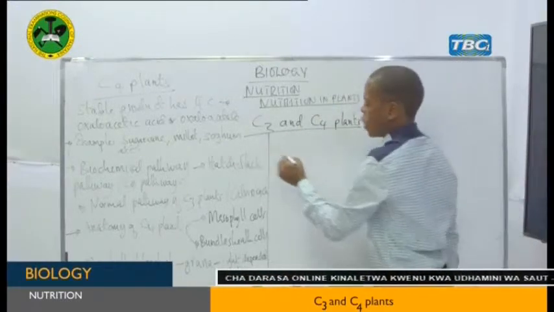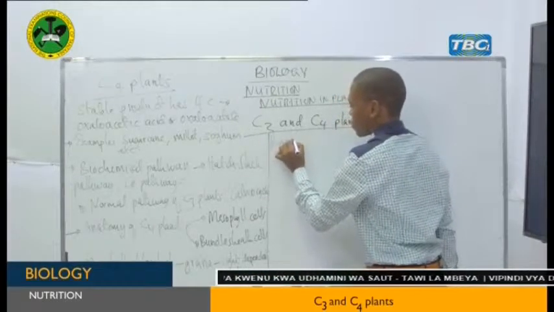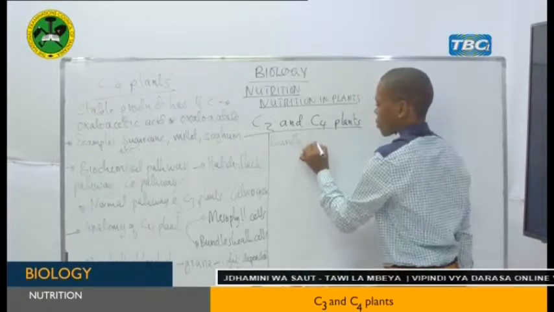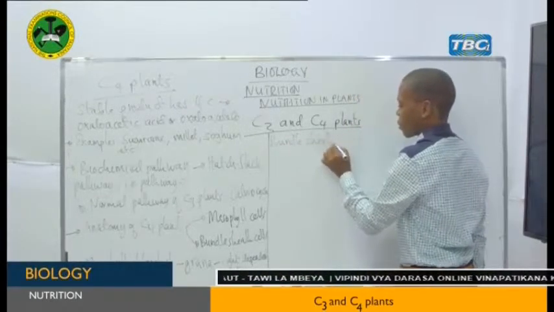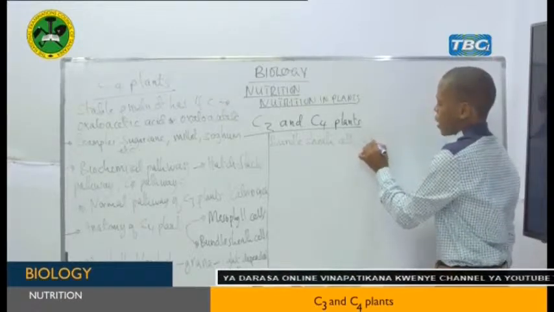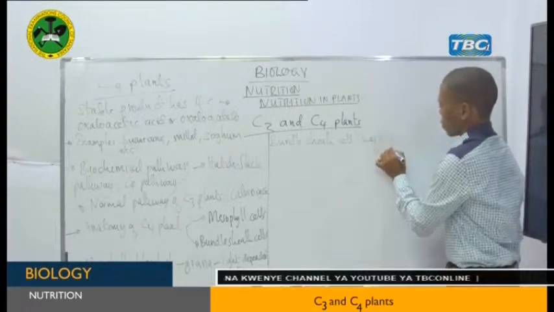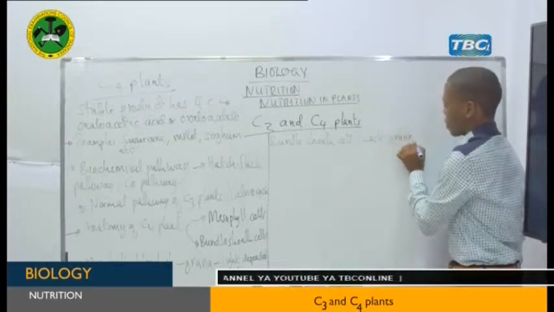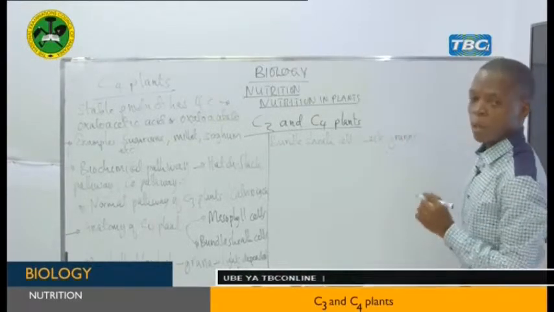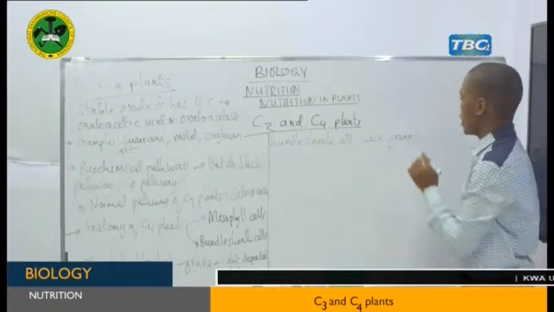But the chloroplast of the bundle sheath lacks grana, and this is specialized for the dark reaction or light-independent reaction.